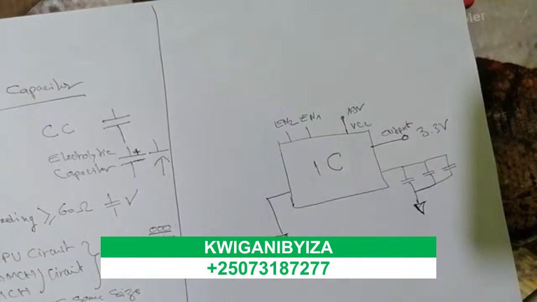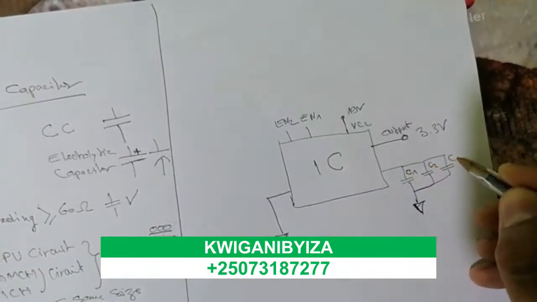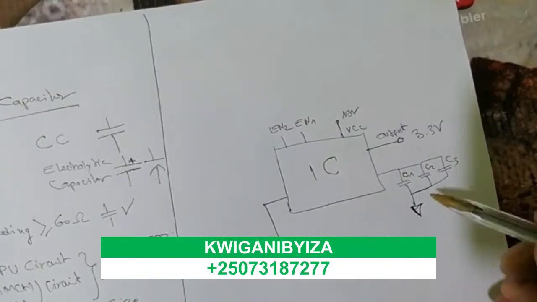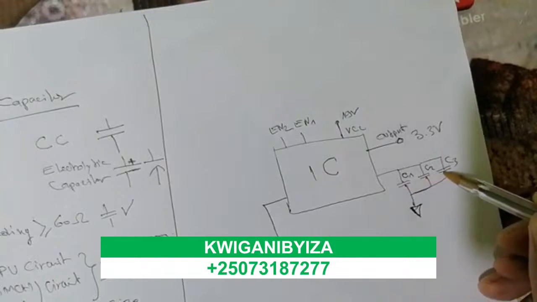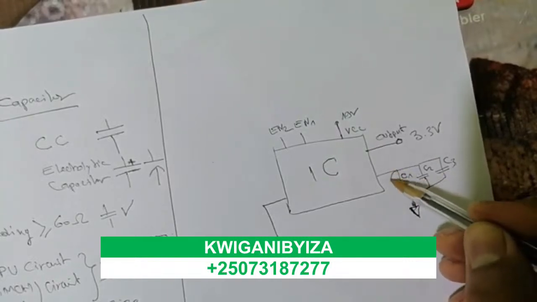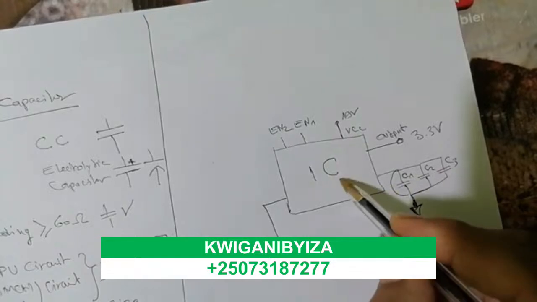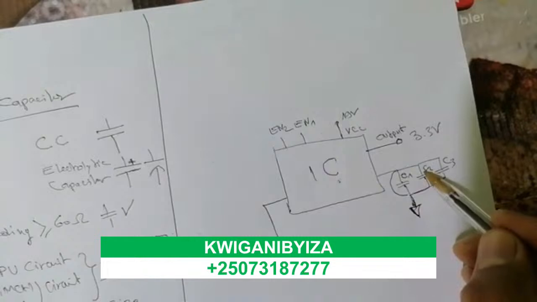Let's assume we have C1, C2 and C3. If this one is shorted, and this one is shorted, and this one is shorted, what does it mean? Here we have ground and also here it is connected to the ground. It means the shorted part is the IC, not the ceramic capacitors.